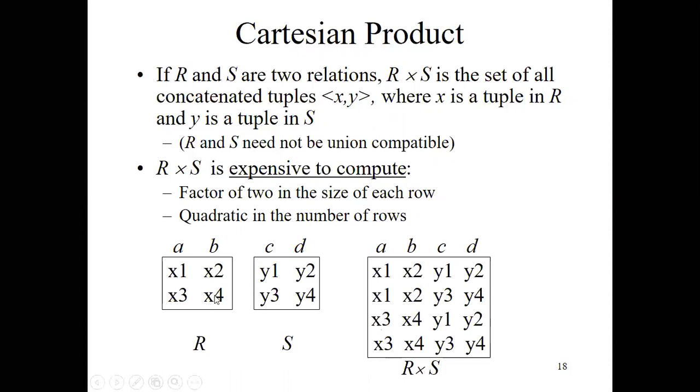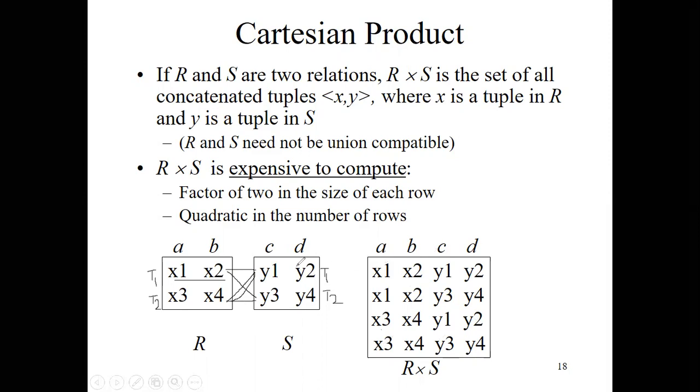Each tuple of R will be combined with every tuple of S. This is tuple 1 and this is tuple 2 of relation R. This is a tuple of relation S and this is another tuple of relation S. Tuple 1 of R will be combined with tuple 1 of S and also with tuple 2 of S. Tuple 2 of R will be combined with tuple 1 of S, and tuple 2 of R with tuple 2 of S. Finally, I'll get this much.